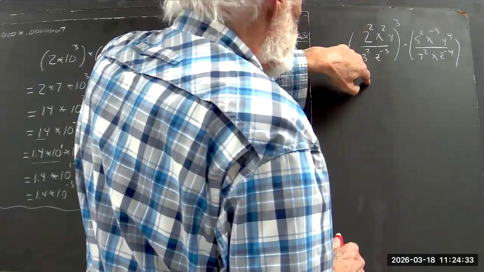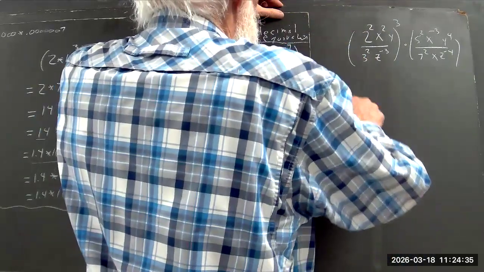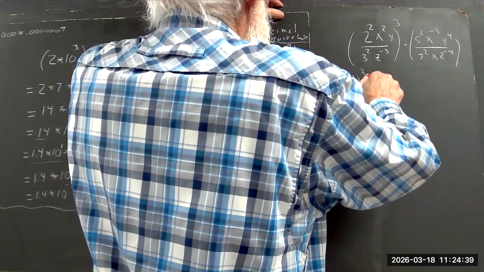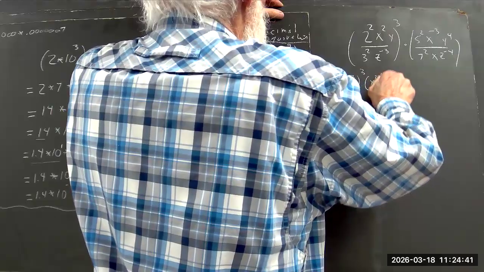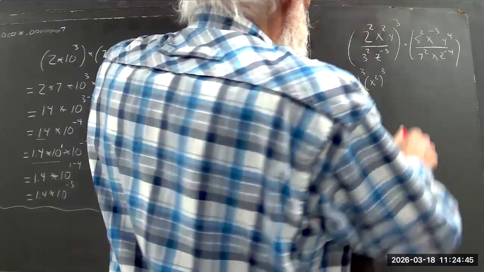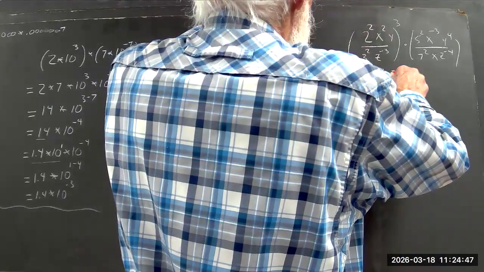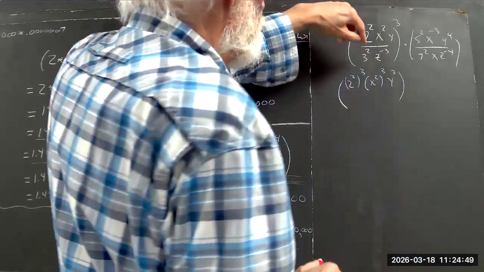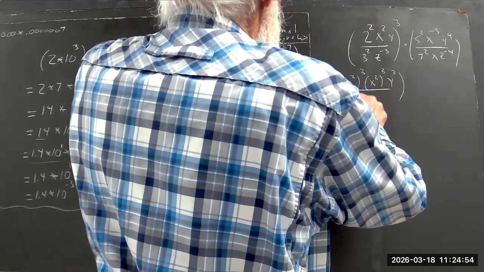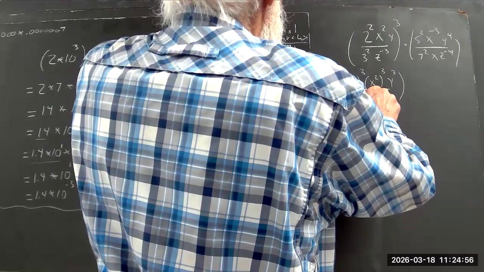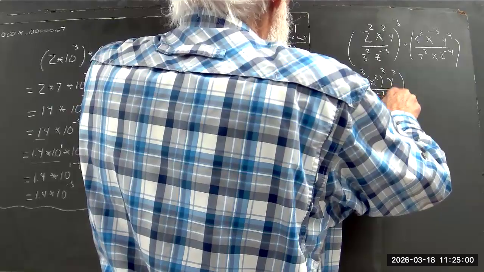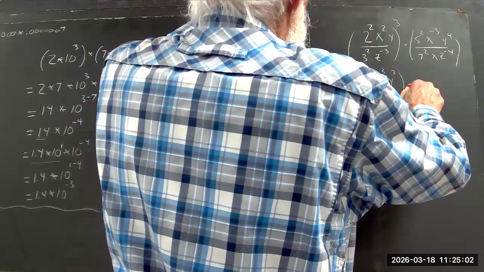I'm cubing this. So this is going to be 2 squared cubed times x squared cubed times y cubed over 3 squared cubed times z to the negative 3 cubed.